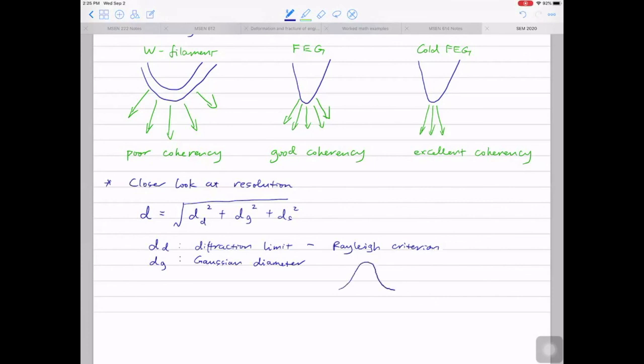Your beam looks more like that, and this is the beam traveling direction. So you have the Gaussian diameter, and also you have the d_s. The name for that is called the disk of least confusion. It's a function of spherical aberration.